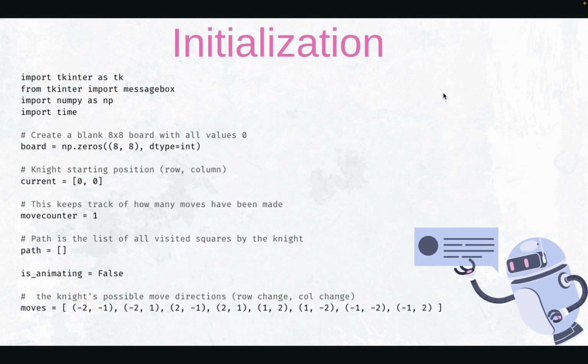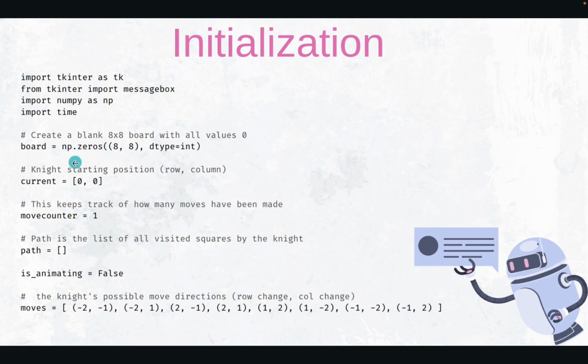So we started our code with this part where it sets up the environment for our Night Tour simulation, and we imported the necessary libraries like tkinter for the interface and NumPy for working with the board, and time for the animation delay.